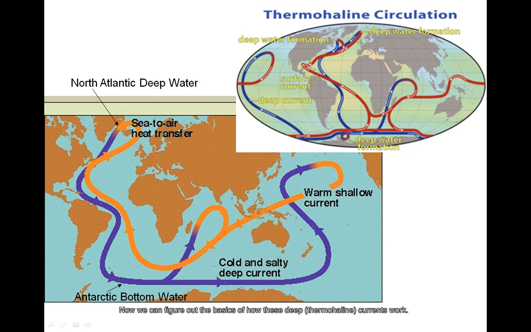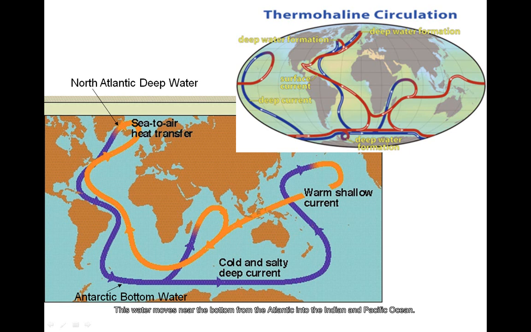Now we're able to figure out the basics of how these deep or thermohaline currents work. It all starts near the North and South Poles in the Atlantic Ocean around Antarctica and Greenland, Iceland. Sea ice formation here creates heavy water that sinks and flows near the ocean bottom as a cold and salty deep current.